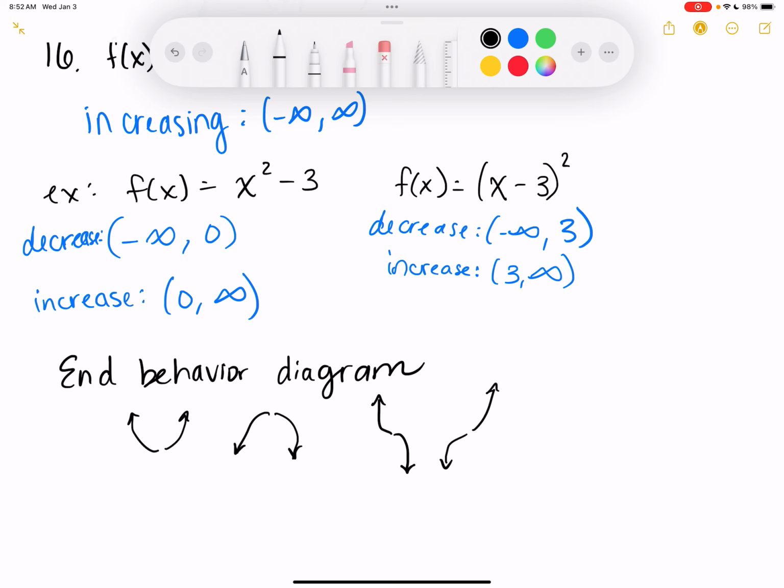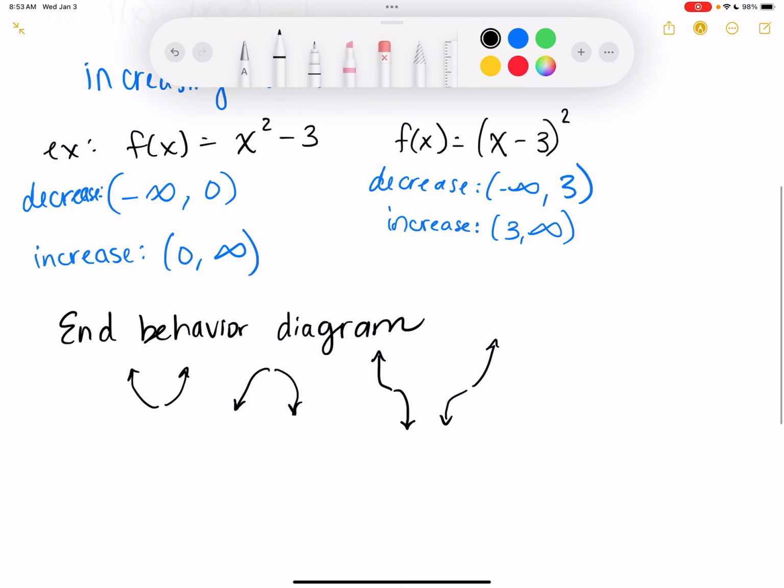When it says end behavior diagram, that's what they're talking about. To describe the end behavior of the graph of the polynomial function. Now, all we care about when we're looking at end behavior is the highest powered term.